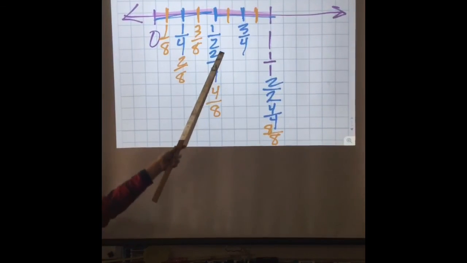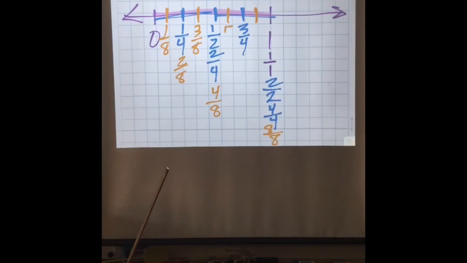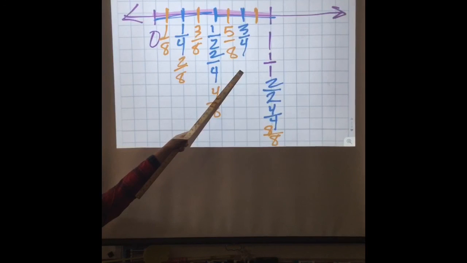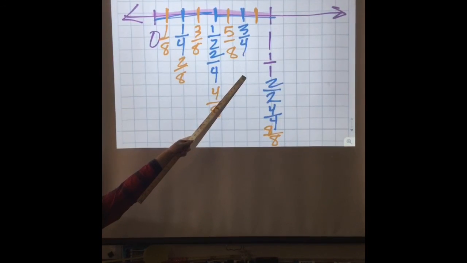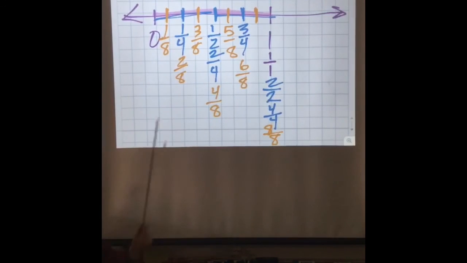What's the next one? 5/8. And 6/8. And this one's going to be 7/8. And this one we already have as 8/8. As one whole, right? Check this out. Ready? What if I went over here?